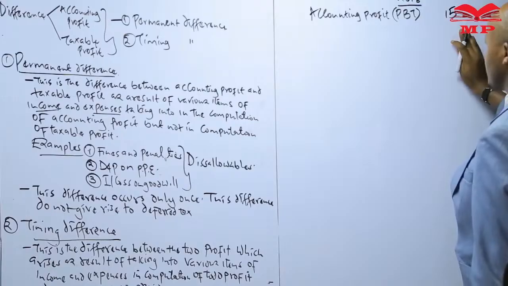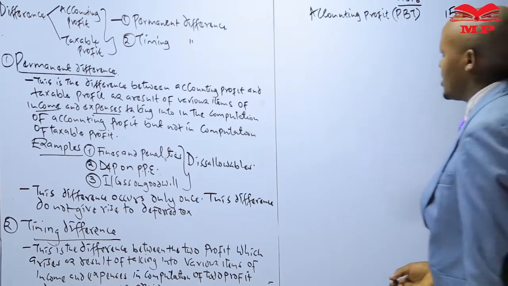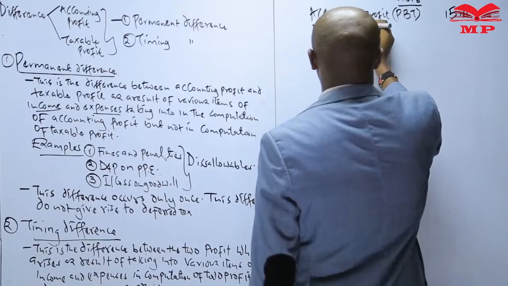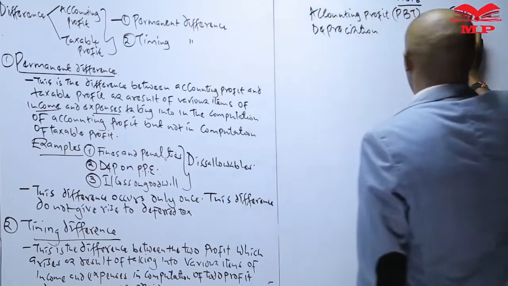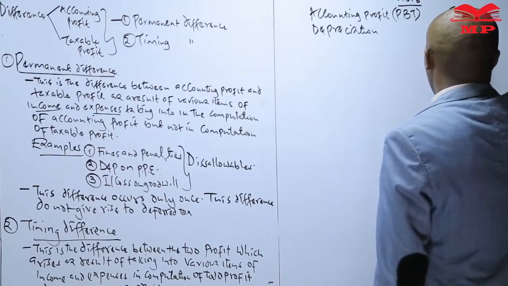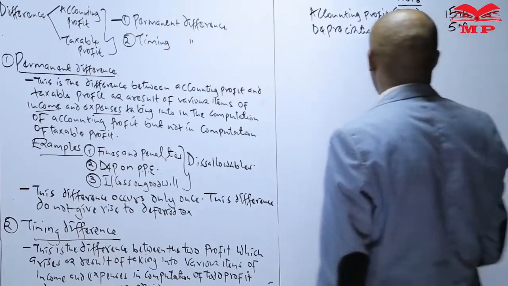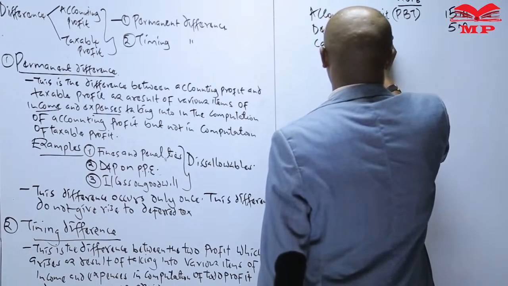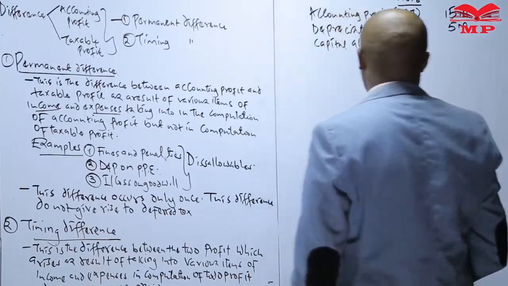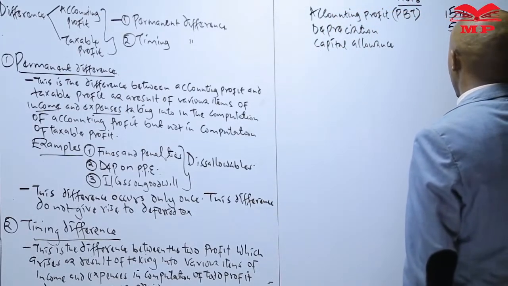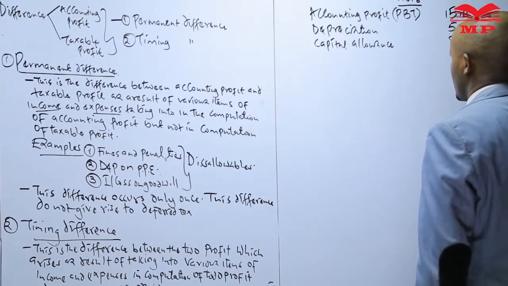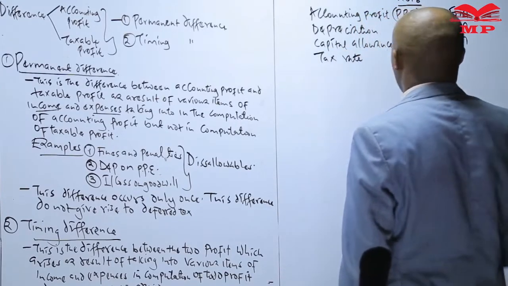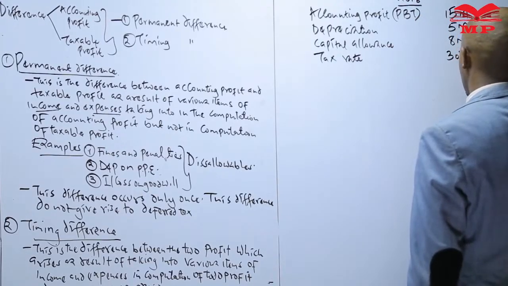Maybe the accounting profit was 15 million, and then you are told in the same year, 2018, the depreciation on a certain asset which was charged in the income statement was maybe 5 million, and we are also told that during that year the capital allowance was maybe 8 million, and the tax rate during that year was maybe 30%.